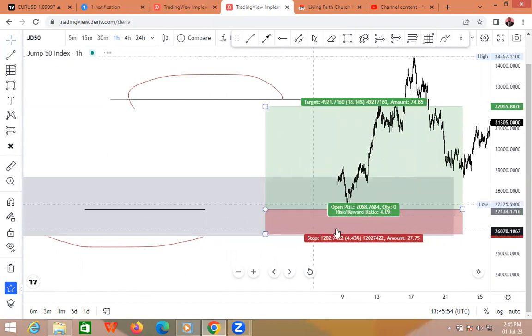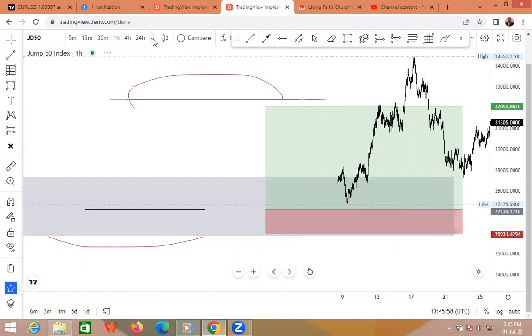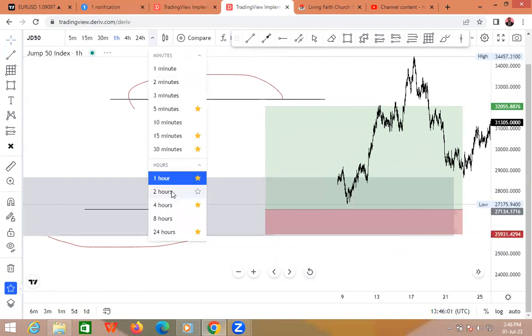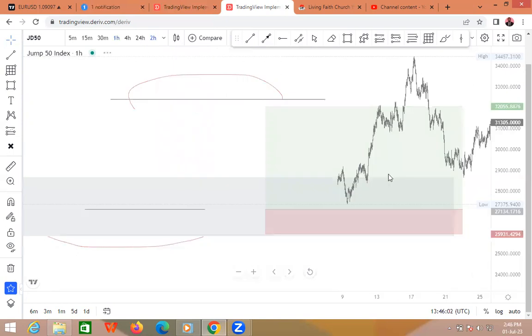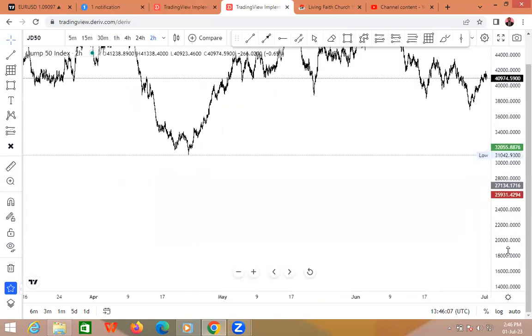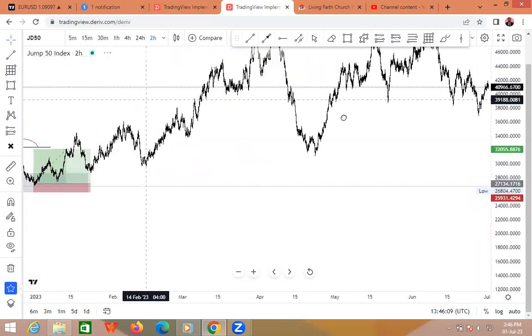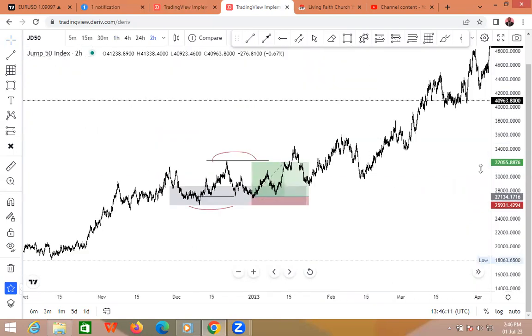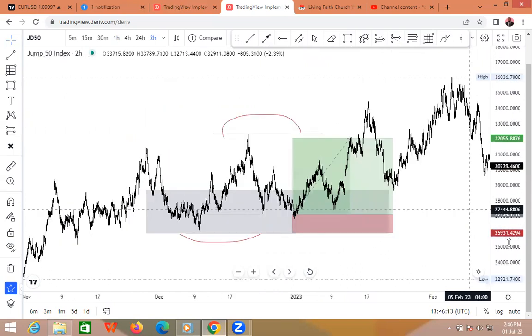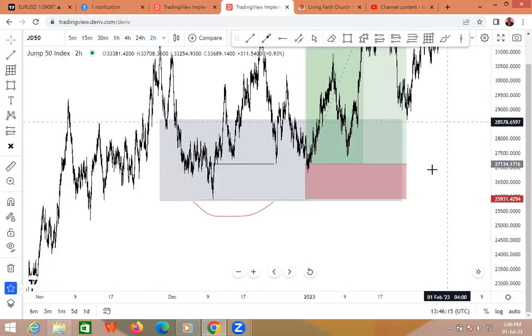Network cannot load that. It's a long time. Let's see 2 hours. I would really prefer the 1 hour. Okay, 2 hours loaded. Fine. Let's use 2 hours. But I do prefer 1 hour for a daily point of interest.